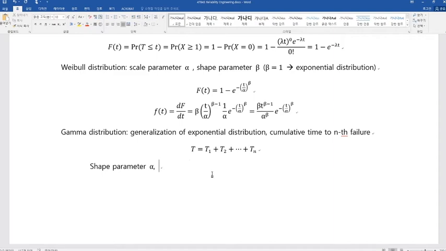And when alpha equals 1, that means we are going to consider only one failure that follows the exponential distribution. Then it will be reduced to exponential distribution.